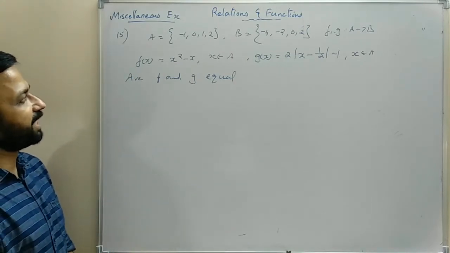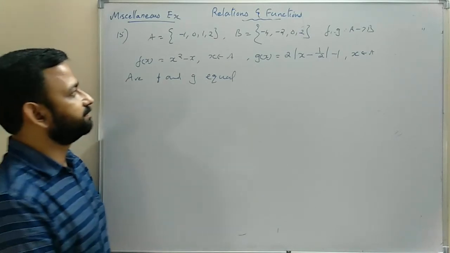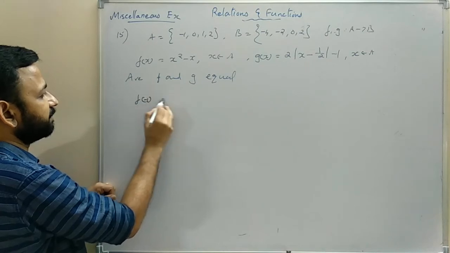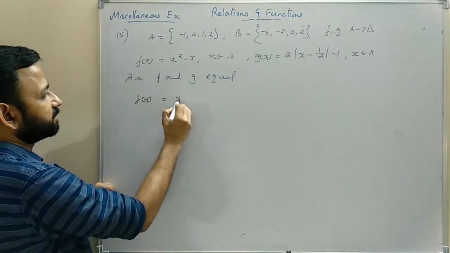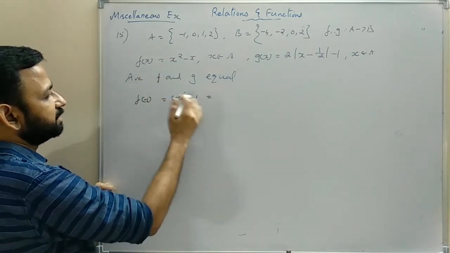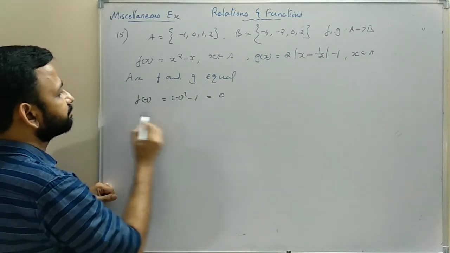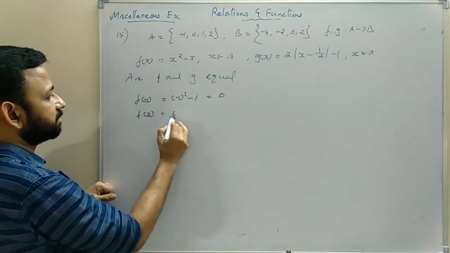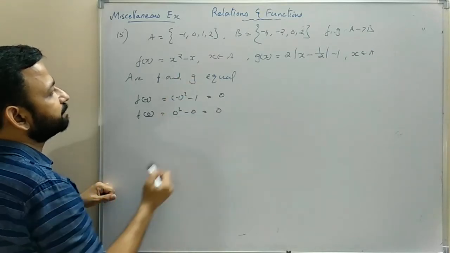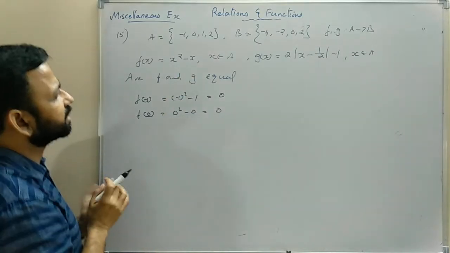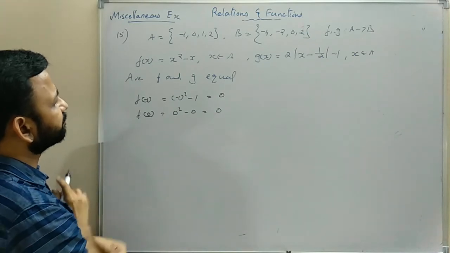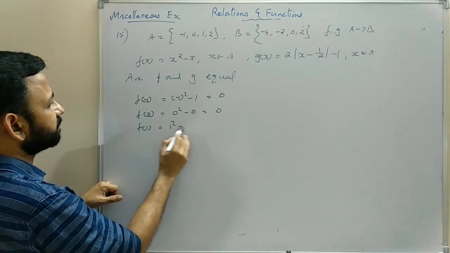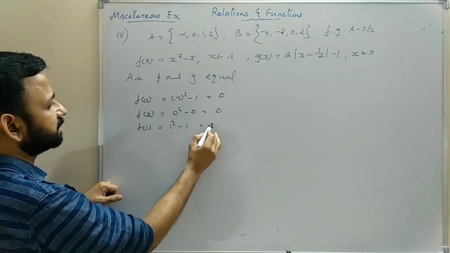So when we find f, we will find f of -1. That is (-1)² - 1, that is 1 - 1, 0. Then f of 0, that is 0² - 0, that is 0. Then f of 1, that is 1² - 1, that is 0.